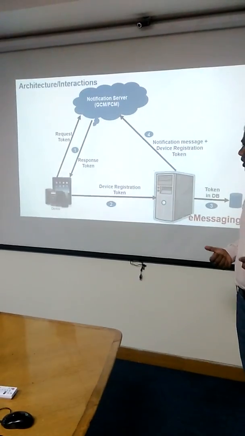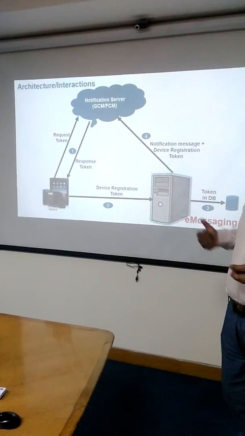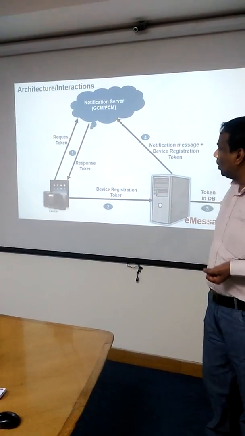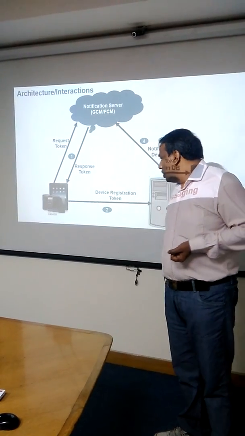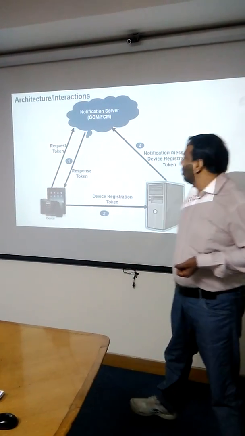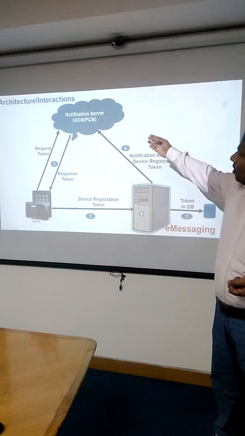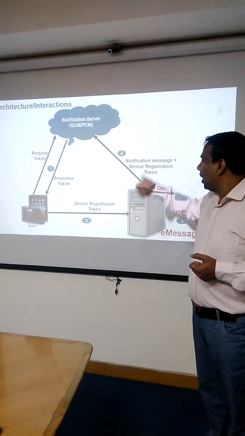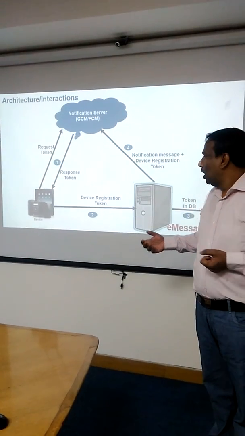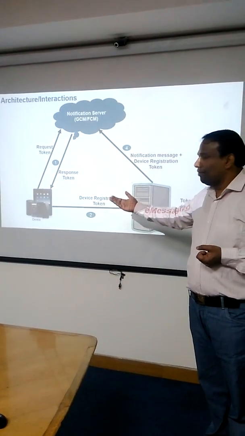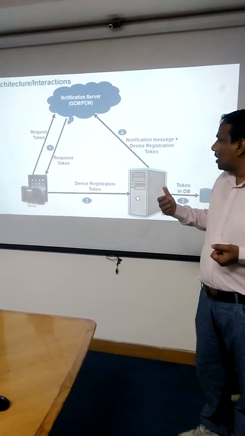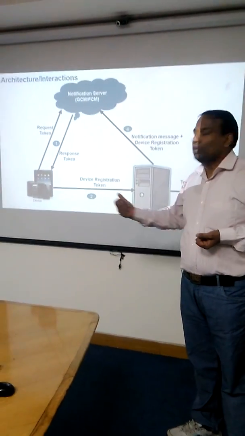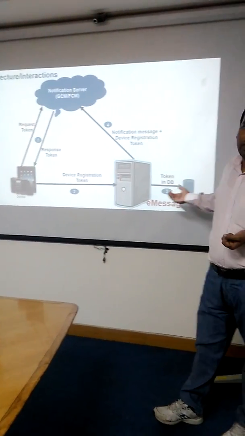This is a brief architecture. There will be a client app for that. Once that client app is installed on the device, what will happen on the notification server, that is GCM and FCM, is it will send the request token and get the response token, and from the device, one registration ID will be generated, which will come back to the server.